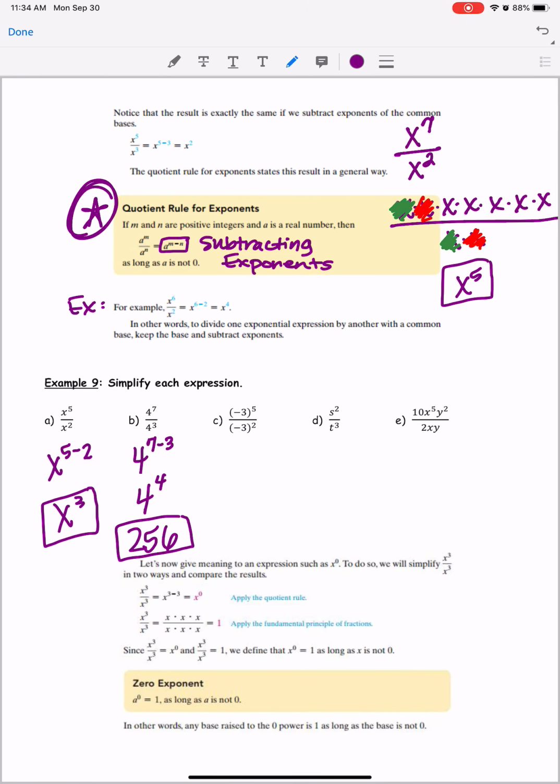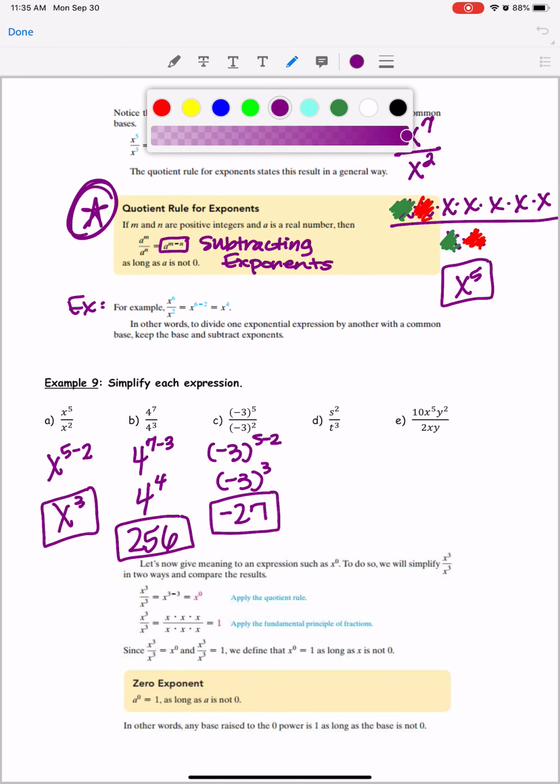Okay, same thing on C. We've got -3 as our base, so we'll do 5 minus 2. So I'm going to get -3 cubed. Put this in your calculator, and -3 cubed is a -27. So I'm going to do a little side note here.